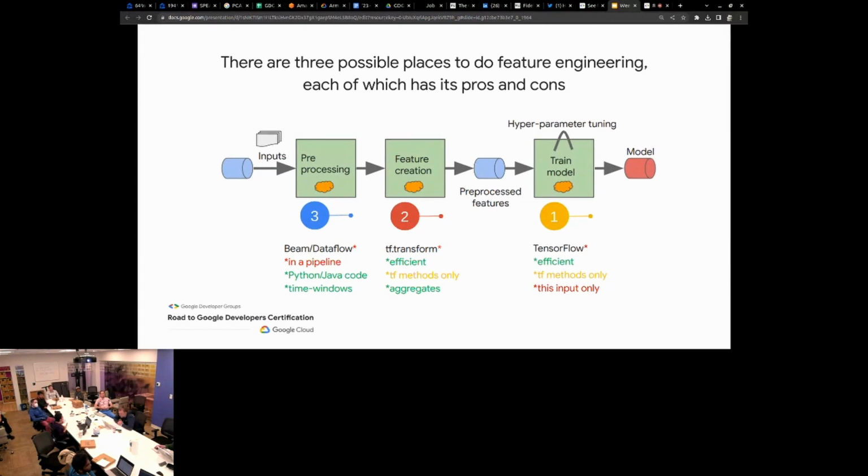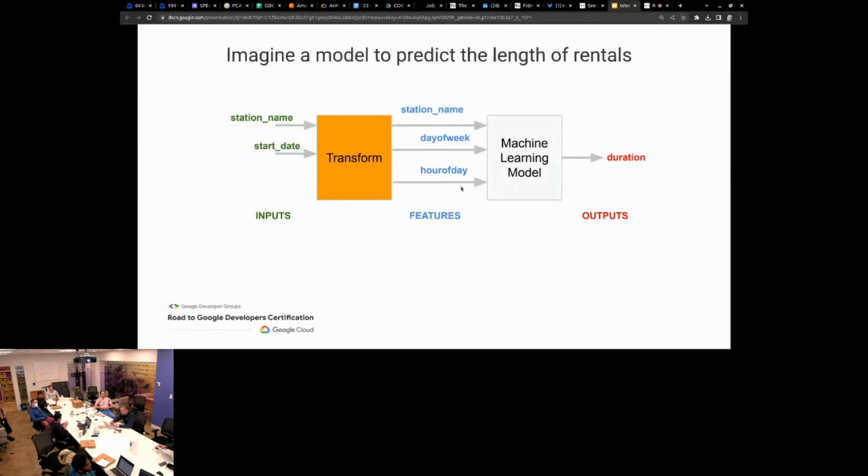So if you want to do some sort of processing on temporal data, that allows you to do that. In addition, previously, if you were doing it outside of your machine learning system, you needed to get the input, do the transform, generate the type of features that you want, and then pass them to your machine learning system.